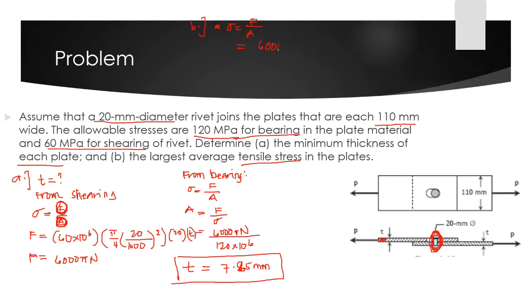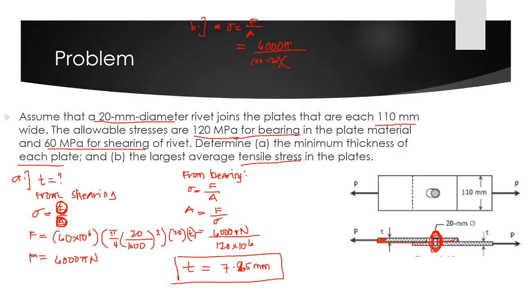F is 6,000 pi, and the area is 110 minus the 20 millimeter, so that is 110 minus 20 times 7.85, the thickness.